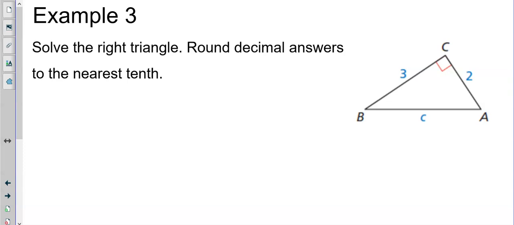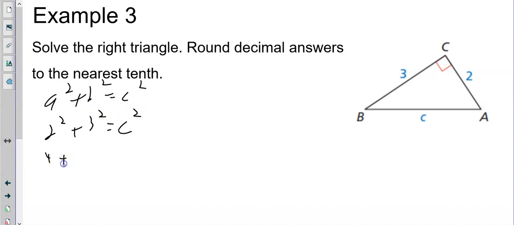So in this case, since we have both legs, we're going to do a squared plus b squared equals c squared. So 2 squared plus 3 squared equals c squared. That's 4 plus 9 equals c squared.